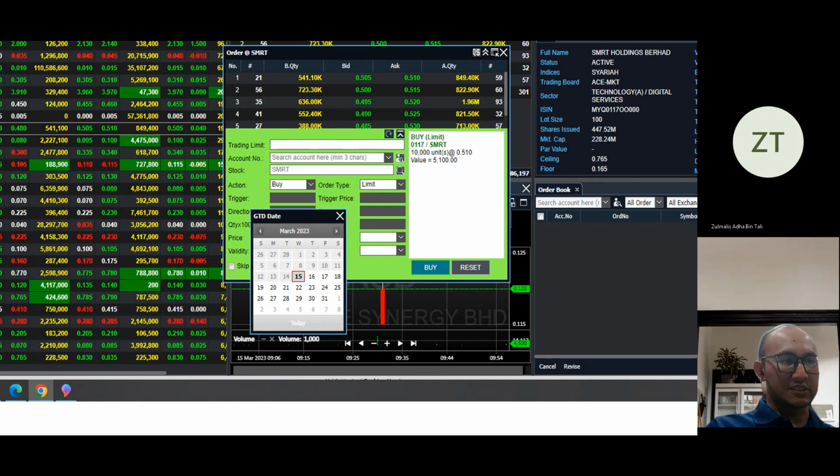Just to let you know, in case there is any corporate action, something like bonus issue, rights issue, it will be cancelled by the exchange. So you need to place a new GTD order in case the stock has a bonus issue or rights issue. It will be auto cancelled.